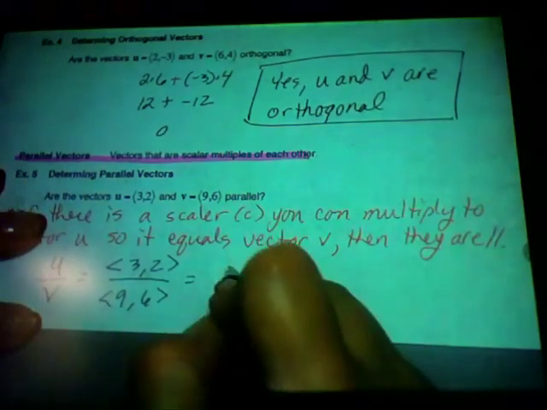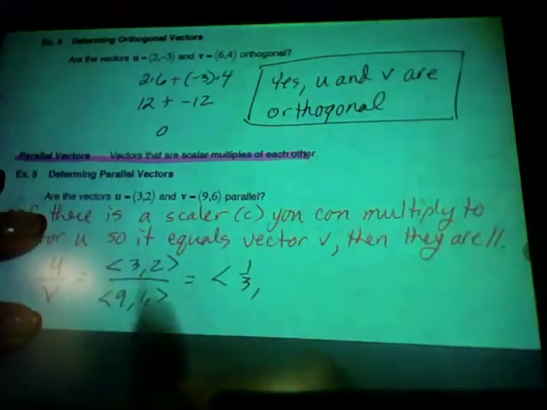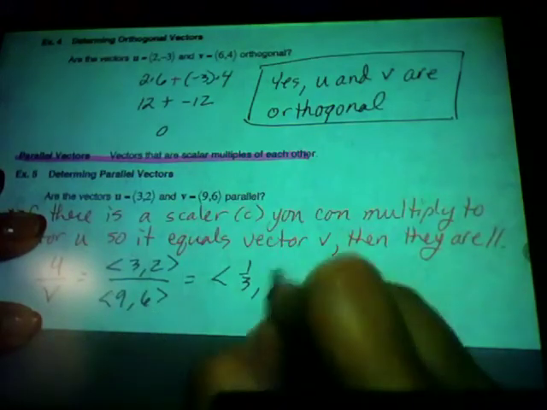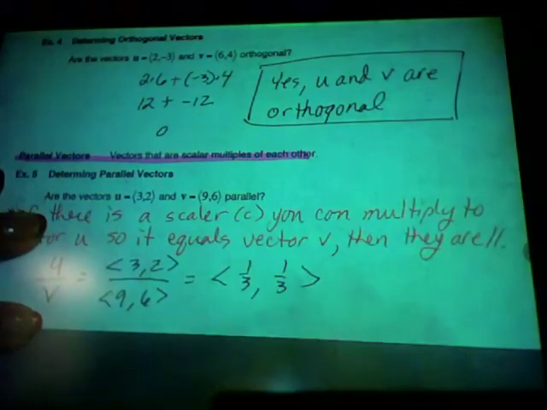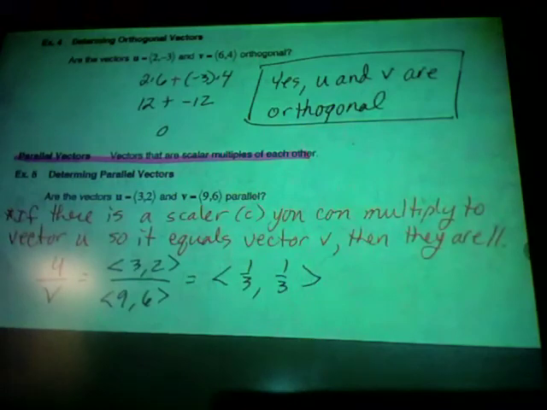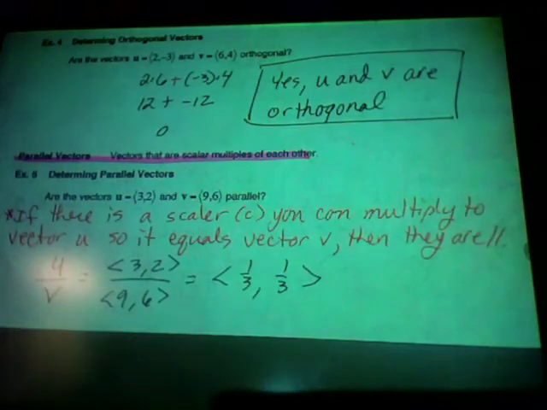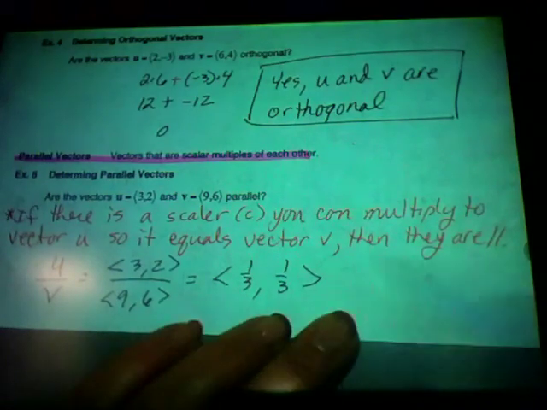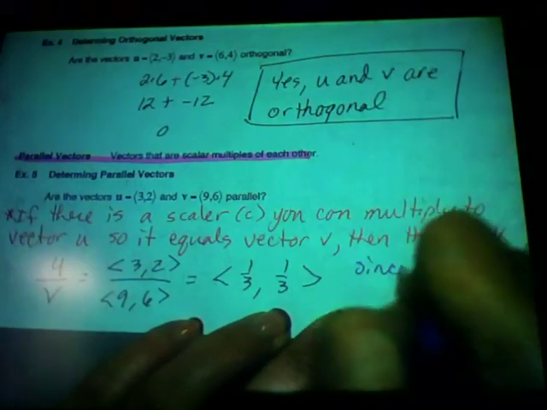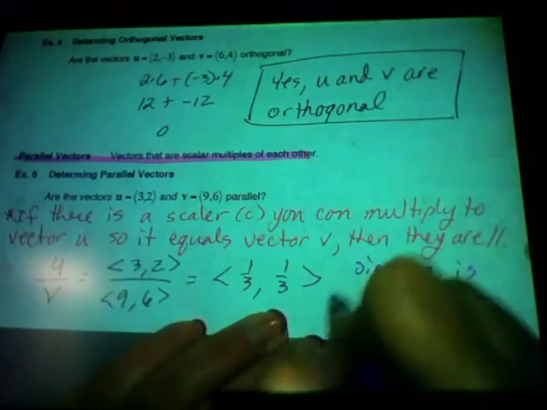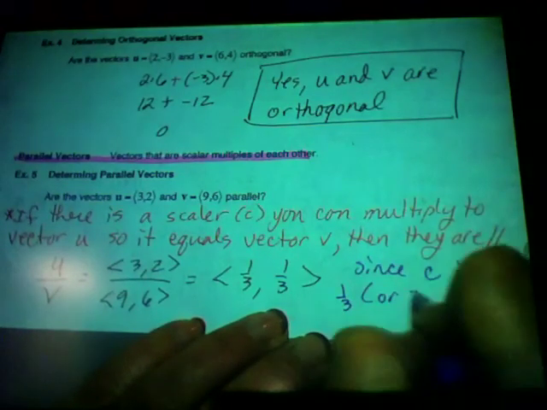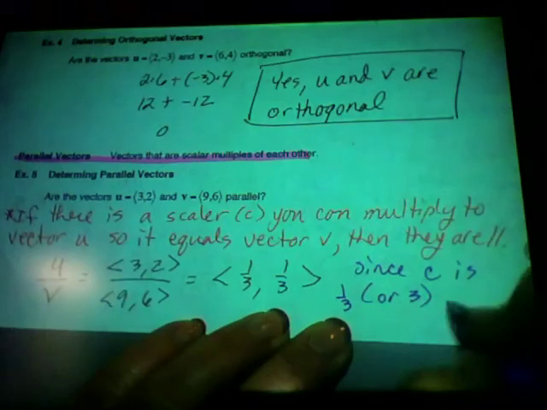Doesn't that give you 1/3? And 2/6, doesn't that give you 1/3? If I had flipped them and did v divided by u, wouldn't I end up with 3? If both of these are the same, then the vectors are parallel. And so, since C is 1/3 or 3, depending upon how you view it, the vectors are parallel.